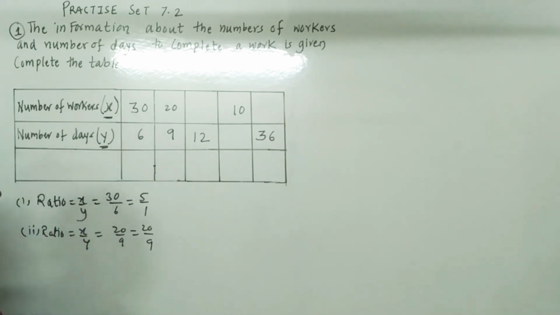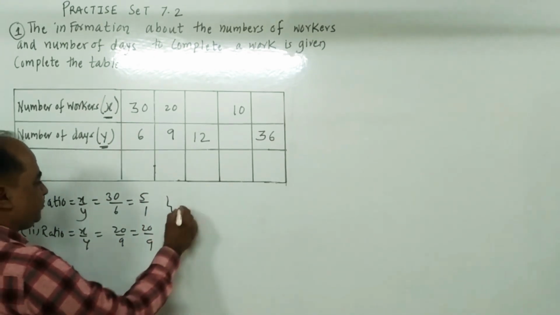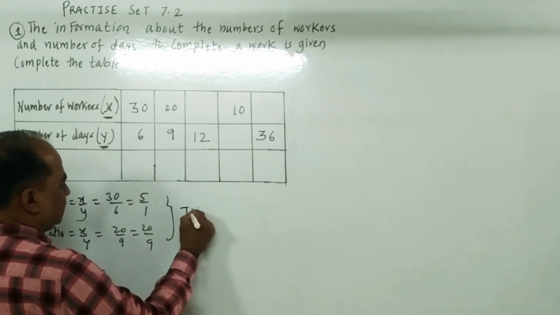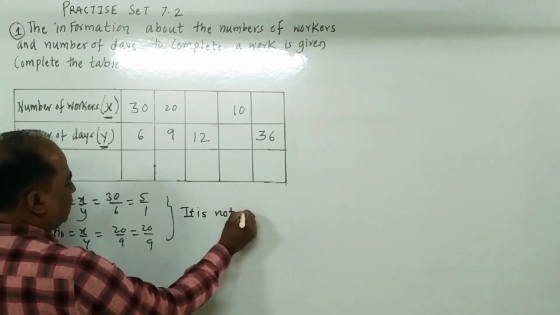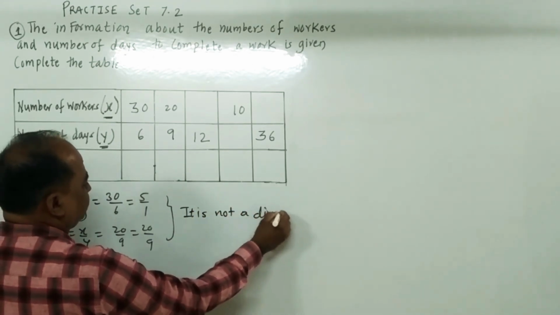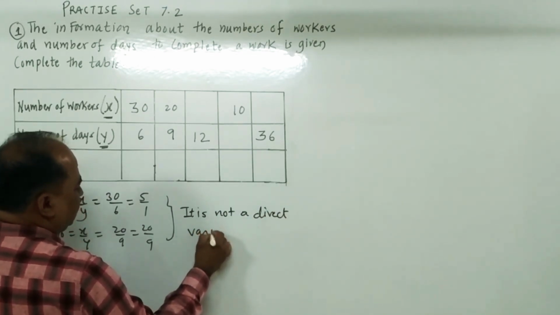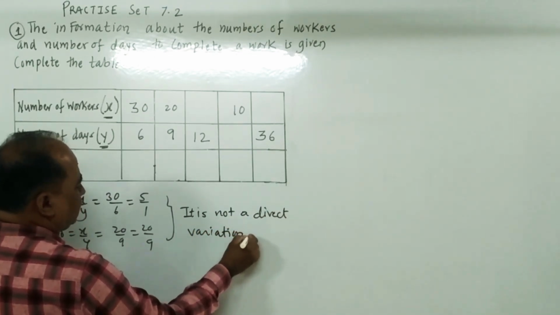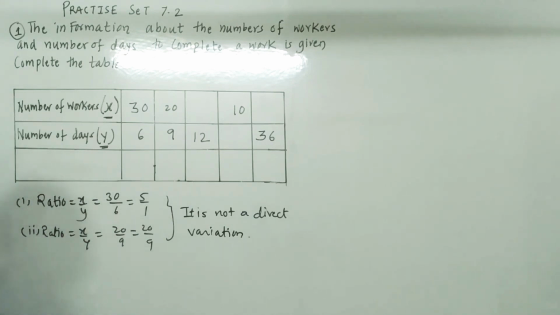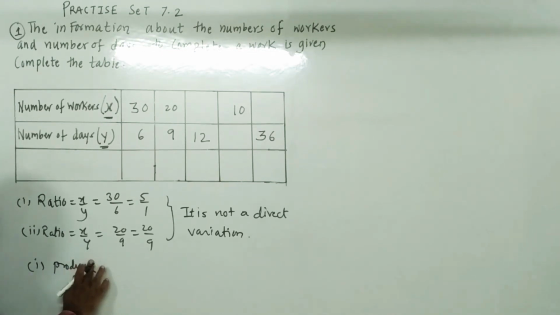So the given example is not a direct variation. Let us check whether it is inverse variation. For inverse variation, the product of the two quantities is constant.